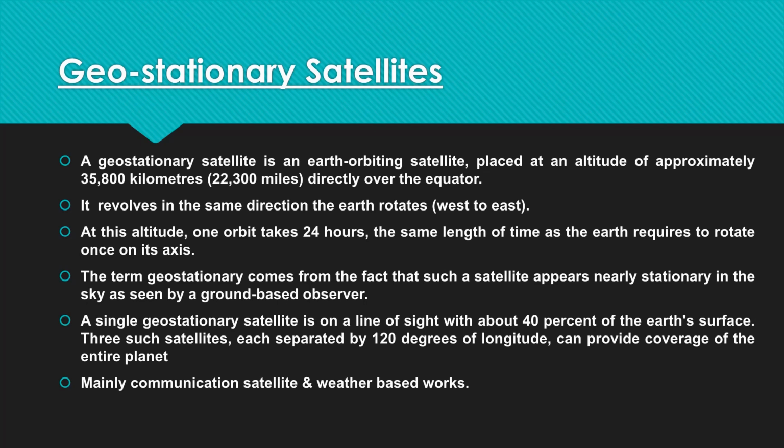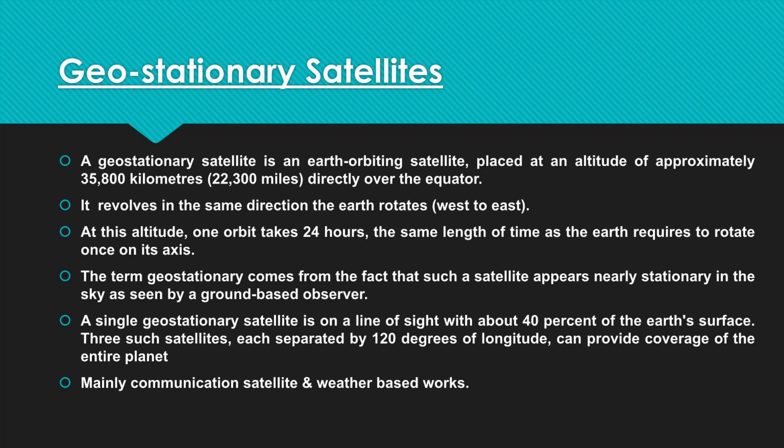First of all, we will look into geostationary satellites. Geostationary describes itself: geo means earth, stationary means stable. So, geostationary satellites are basically those satellites which seem to be stationed at a particular point while looking from a point on the Earth's surface.